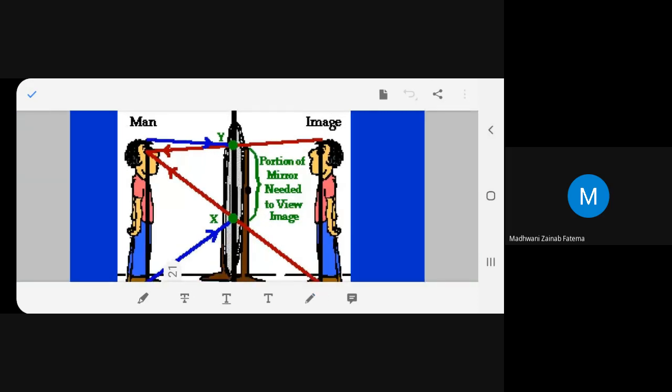Do you look shorter or longer in the mirror? No, ma'am. You're looking at yourself in the mirror. Does your height change? No, ma'am. So the height remains the same. You understand? So the image is the same as the object. That is what I wanted to say.